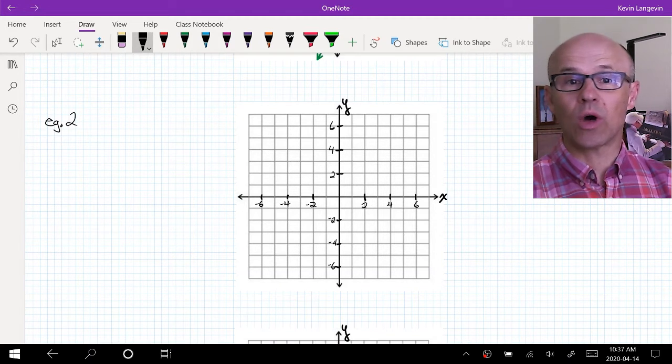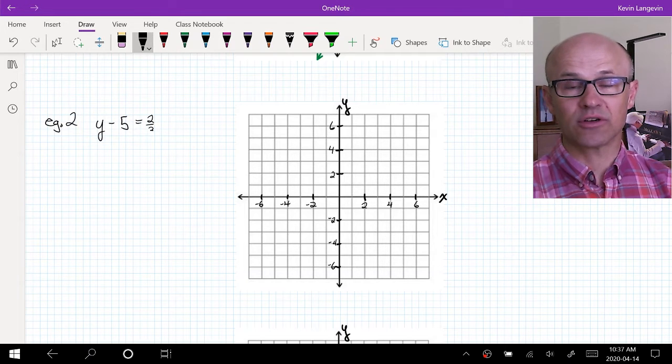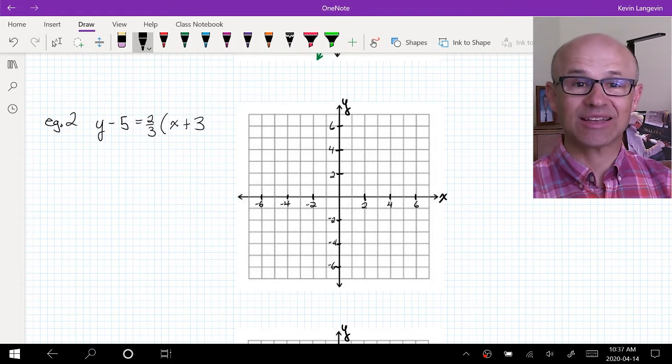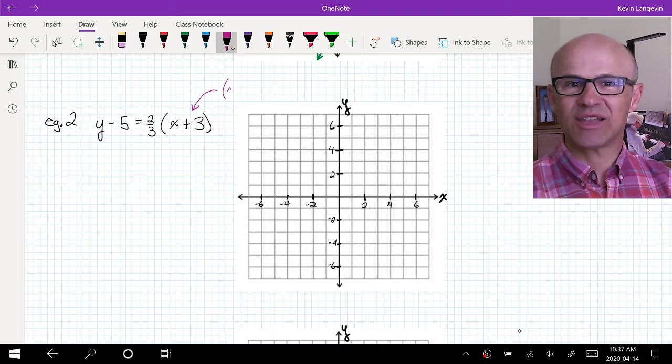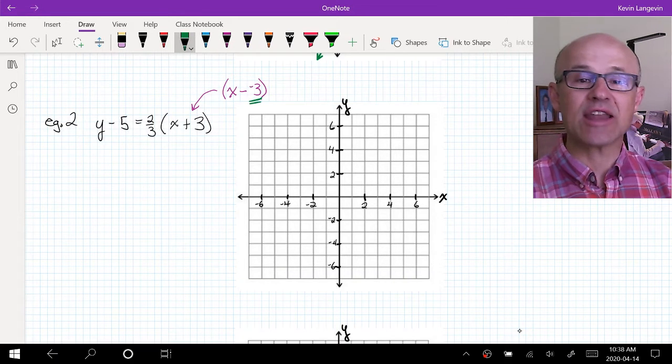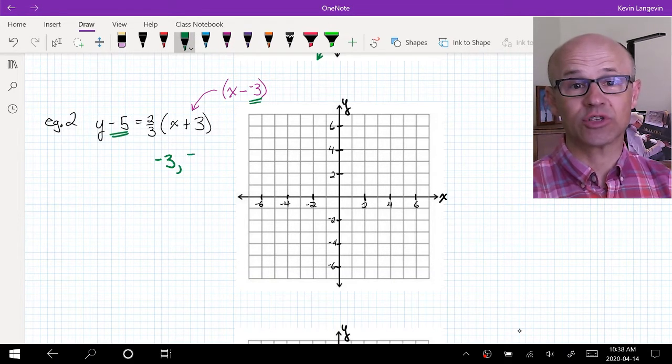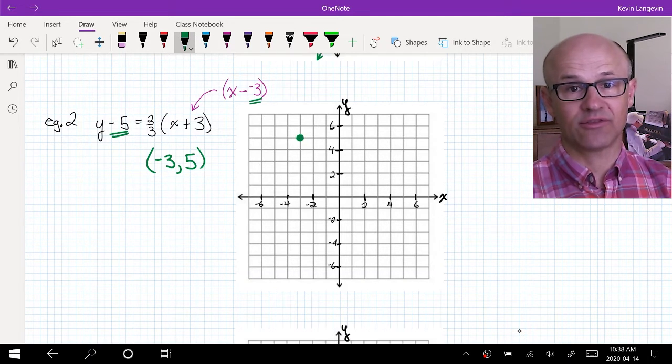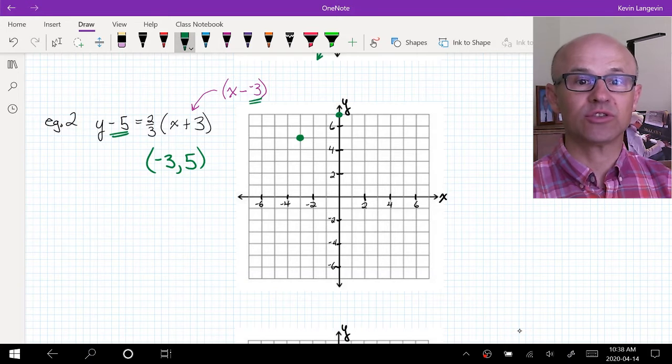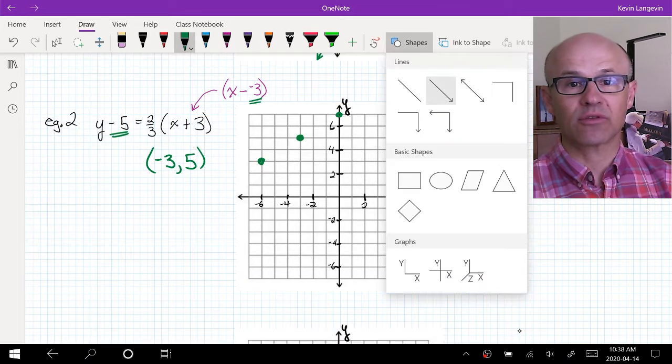We've got y minus 5 is equal to 2/3 times x plus 3. So that plus 3 is kind of like take away a negative 3, and that's why when we switch the sign, we start at negative 3 comma positive 5. That's my first point. Use my slope up 2 over 3.